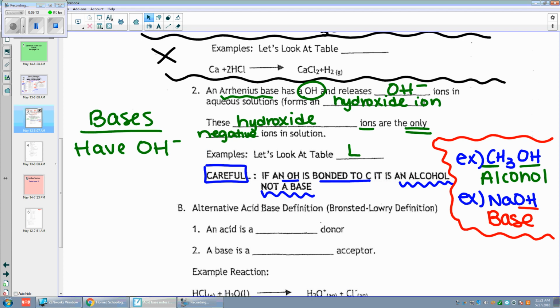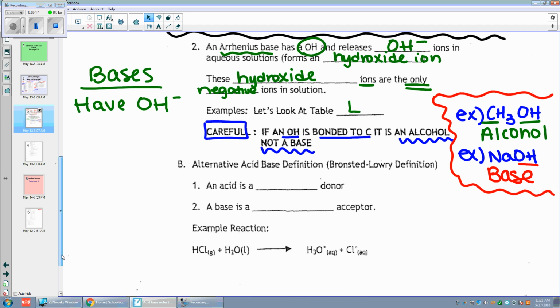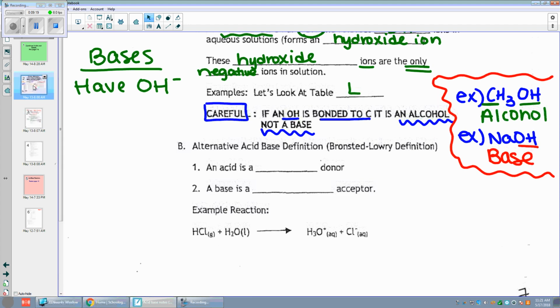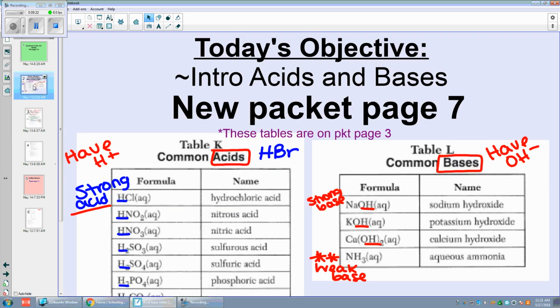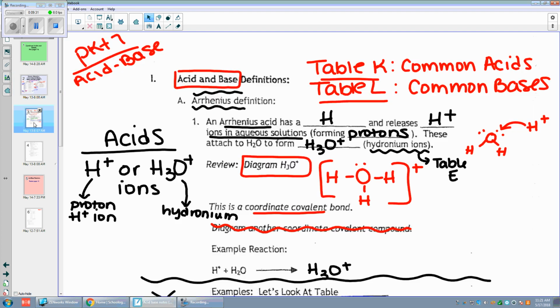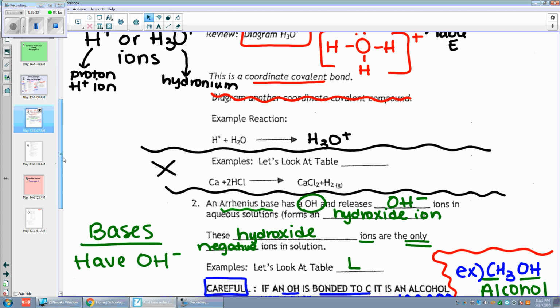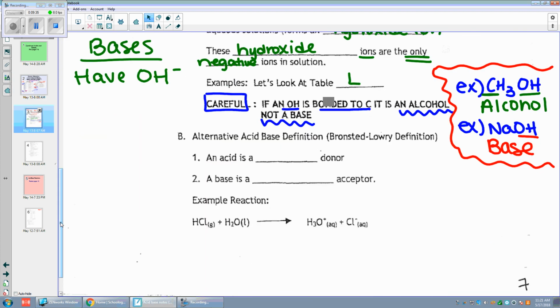When we looked at table L, we also realized, I can go back, that if I look at this ammonia, this NH3, it doesn't look like the other bases look like. Because of that, I also have to have an alternative definition.